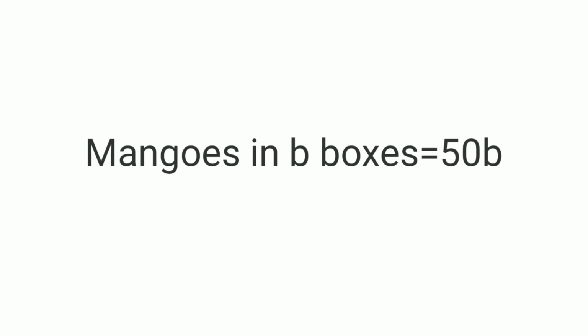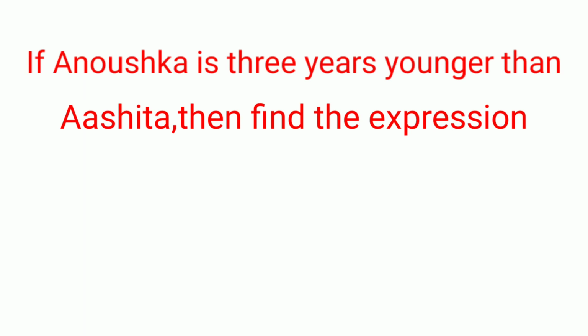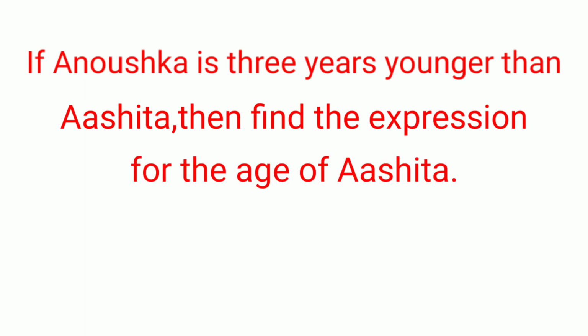One more example let us discuss to understand the concept more clearly. If Anushka is the younger sister of Ashita and she is 3 years younger than Ashita, then write an expression for the age of Ashita. In this question, the expression for the age of Ashita is asked.